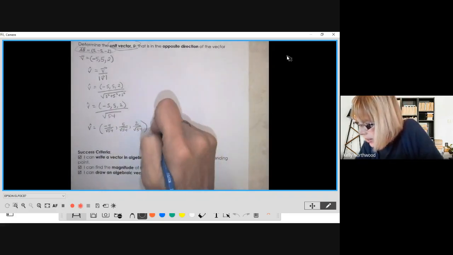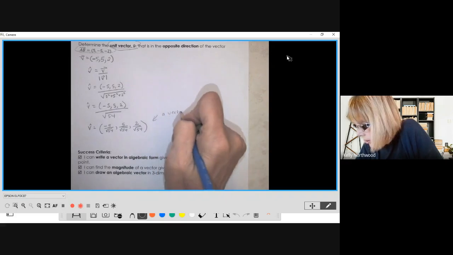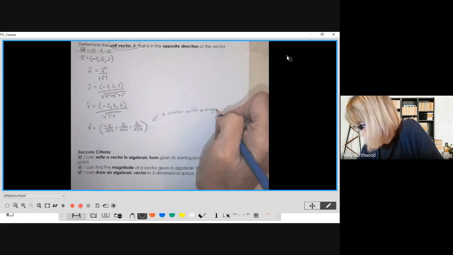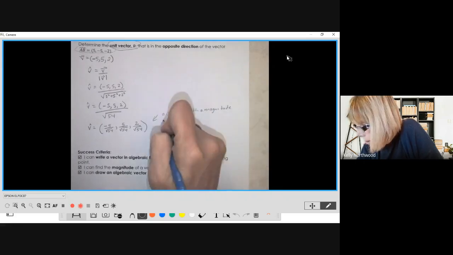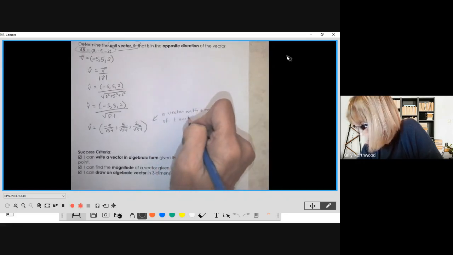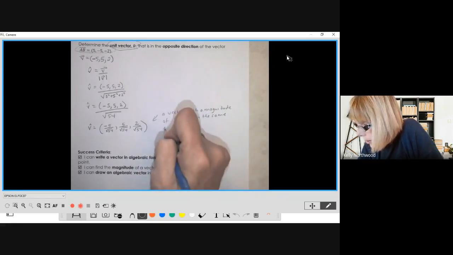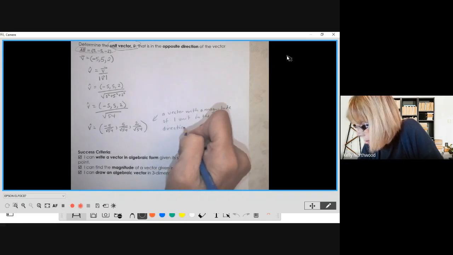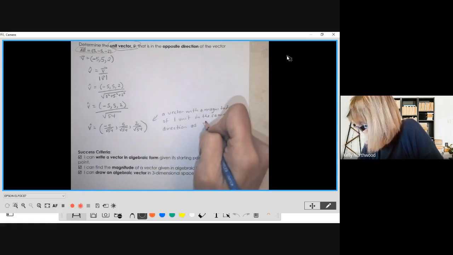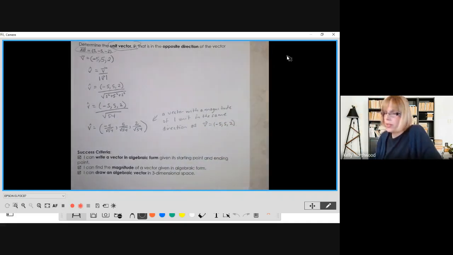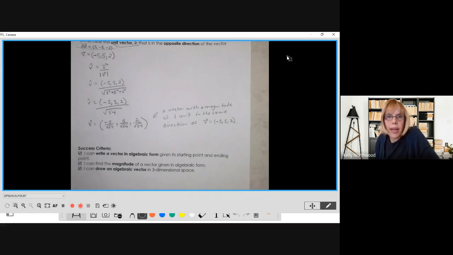So remember, this is a vector with a magnitude or a length of 1 unit in the same direction as V equals -5, 5, 2. So it's a vector with a magnitude of 1 in exactly the same direction as vector V. That's what a unit vector is.